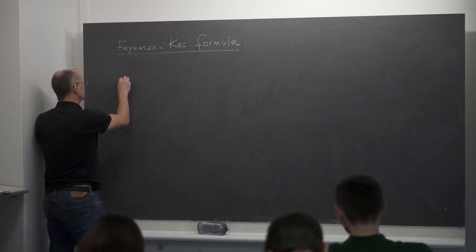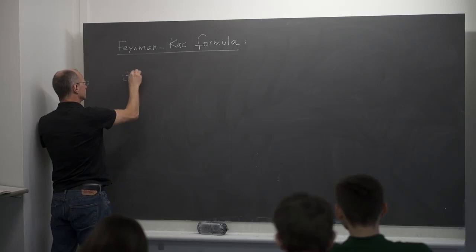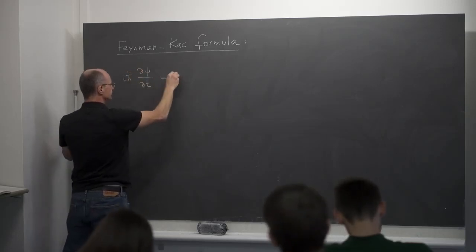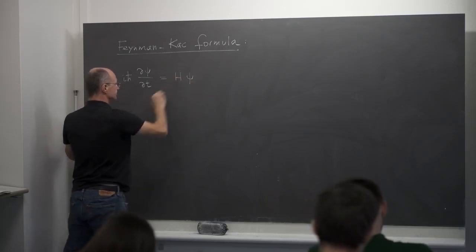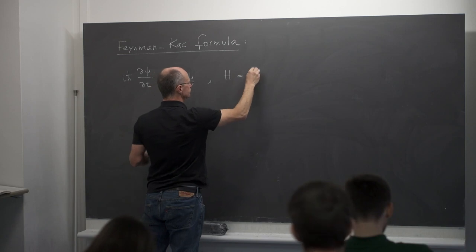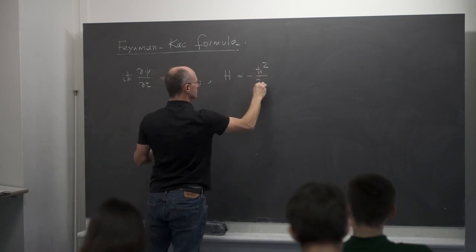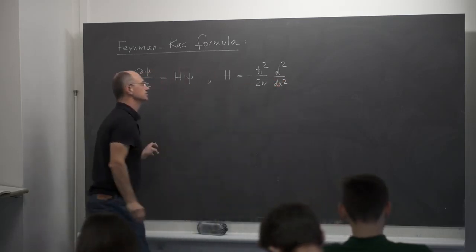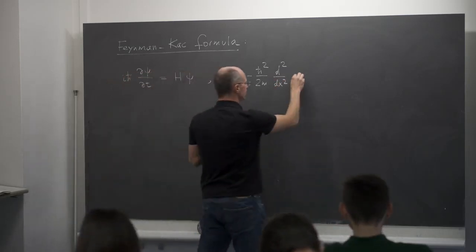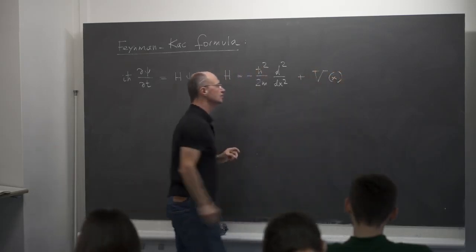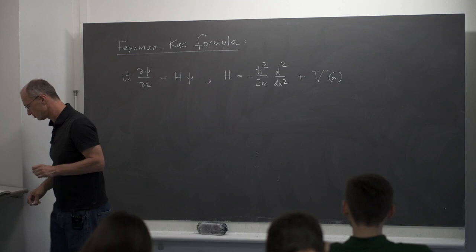We are looking at the Schrödinger equation, the time-dependent one. And usually we were choosing the Hamiltonian to be minus the second derivative with a coefficient plus a sufficiently nice potential.